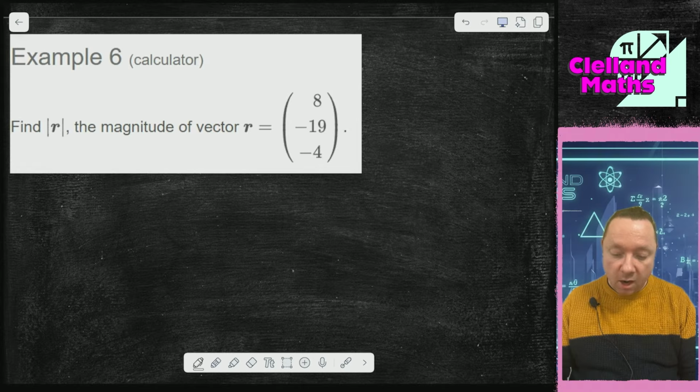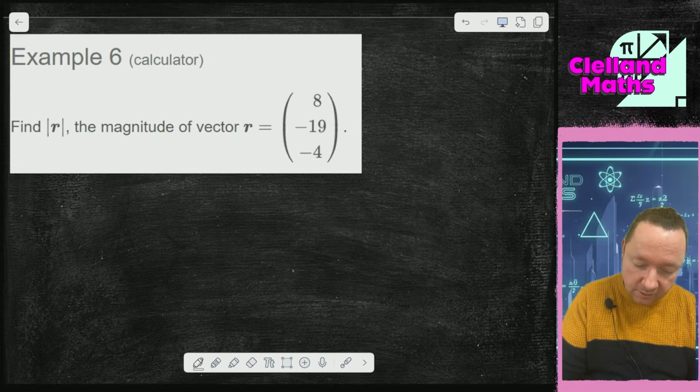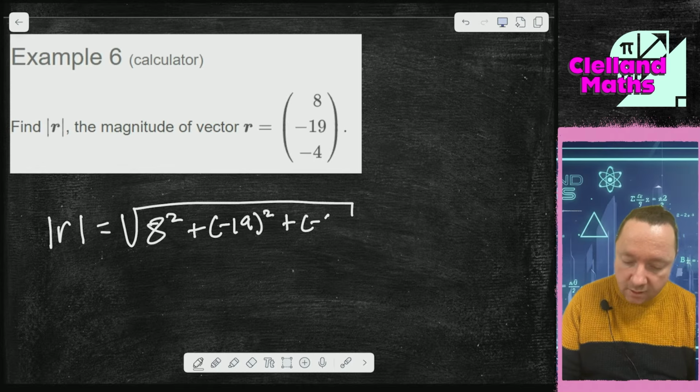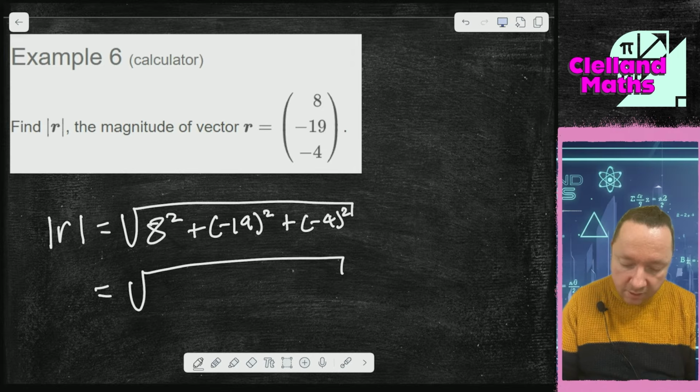Example 6. Find the magnitude of vector r, which is 8, minus 19, and minus 4. So that is just Pythagoras, but 3D Pythagoras. So the magnitude of r is the square root of all the numbers squared added together. Notice I'm putting brackets around my negatives so I don't mess this up. So I get my calculator.